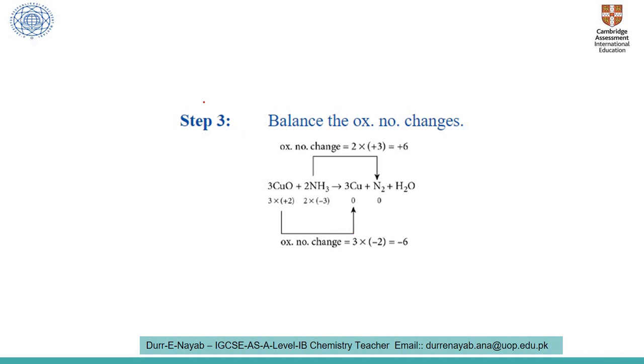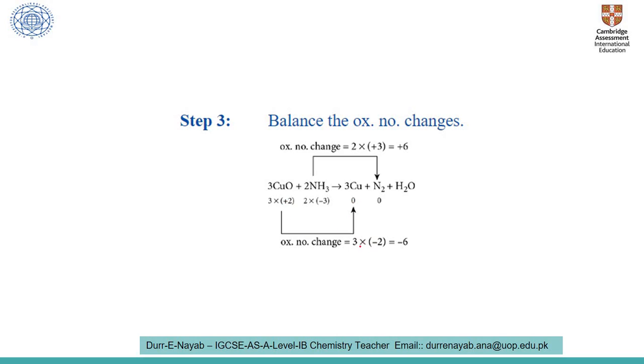Now in the third step, we have to balance the oxidation number changes. How? Now here I was having two nitrogen. From -3 it changed into 0. This means it has lost 3 electrons, and here it was +2 and it has gained 2 electrons.